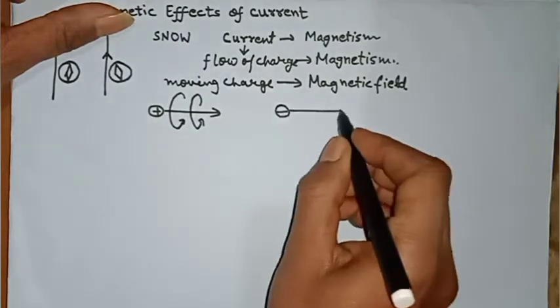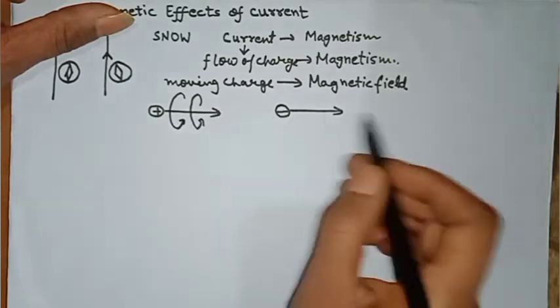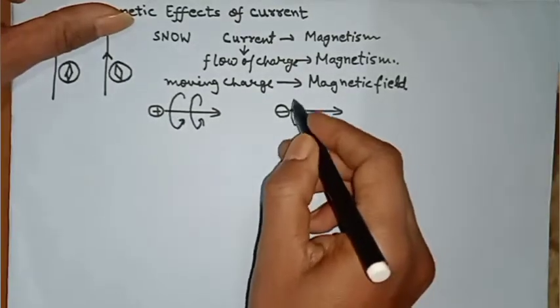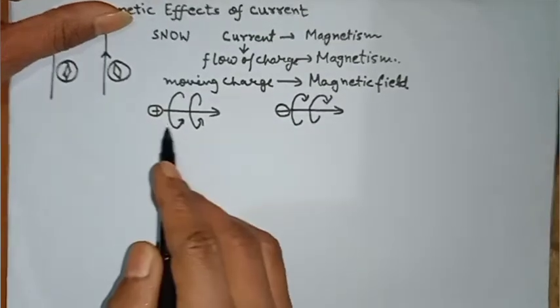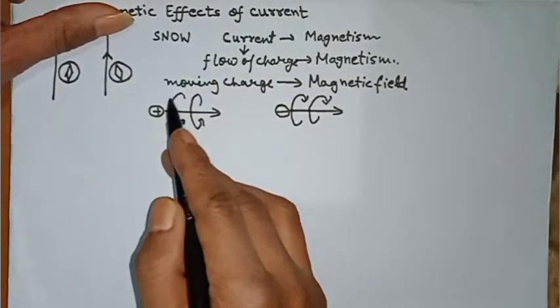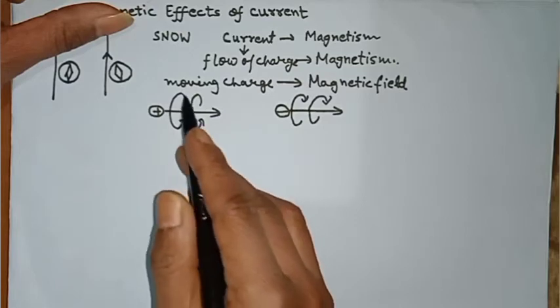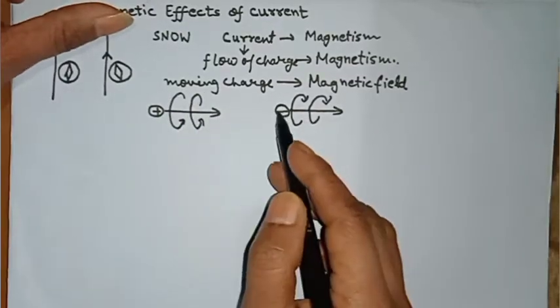With negative charge, if they are also moving along the same direction as positive charge, the magnetic field curls. See, if the charge is going straight, the magnetic field is in the form of a curled, circular form.